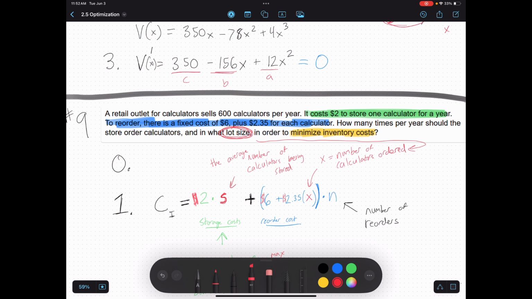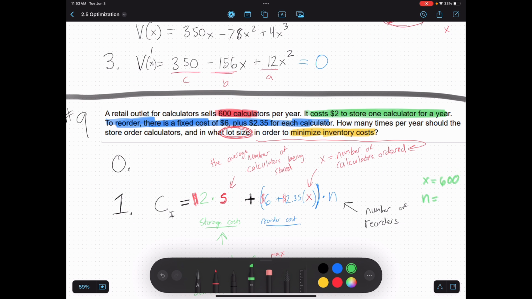Well, I still haven't used this 600 piece. So let's look at some hypotheticals. What if we really want to minimize our reorder costs by only reordering once? Let's just order calculators once per year and call it good. That means X is going to be 600.